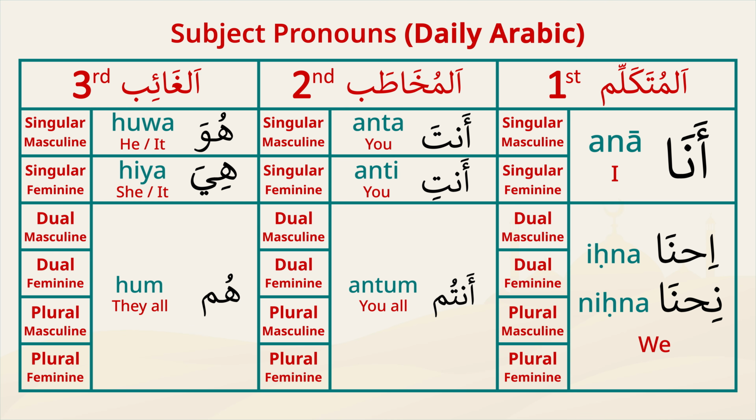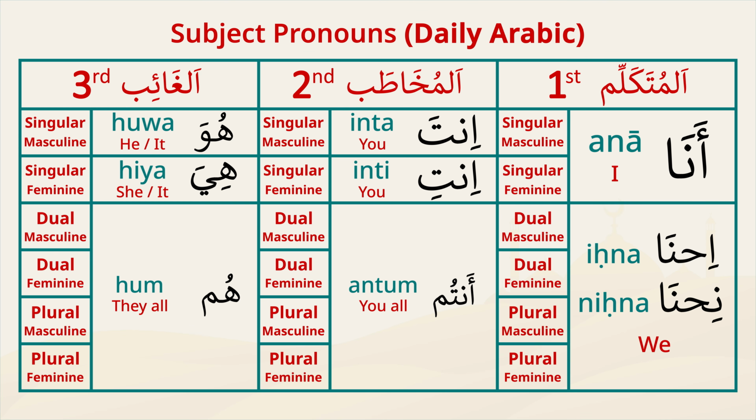For the second person, both أنت and أنتِ have a minor change. They mostly start with E in Arabic dialects: إنت and إنتِ.